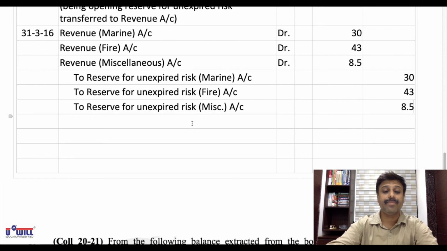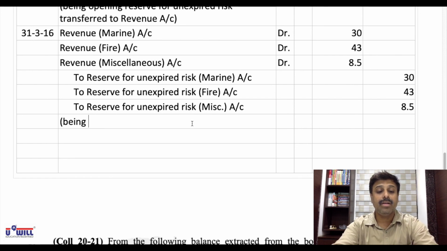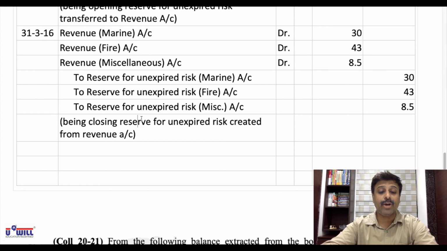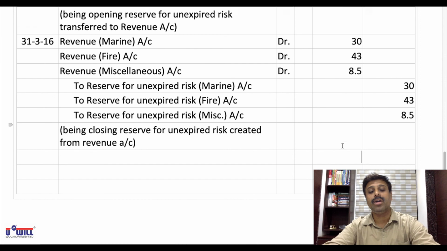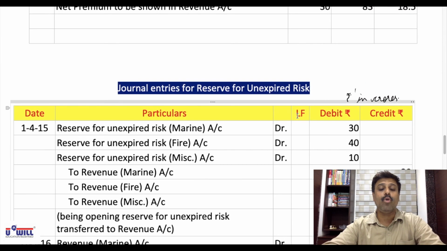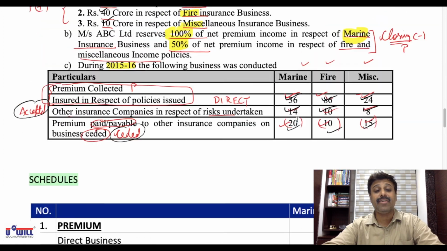Being closing reserve for unexpired risk created from revenue account. Totaling is not required. This is just to understand the concept of opening and closing reserve. We have passed these entries.